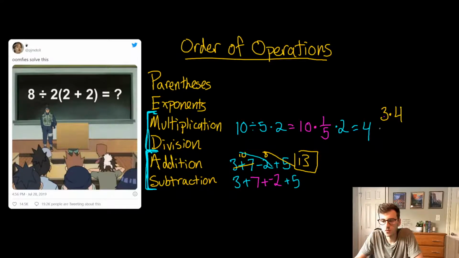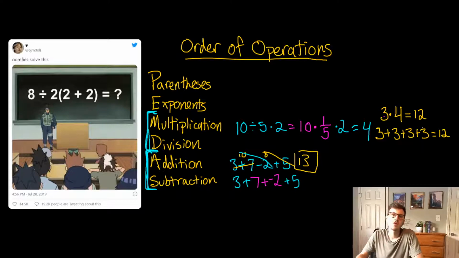So 3 times 4 would be 3 plus 3 plus 3 plus 3. 3 4 times is 12. 3 plus 3 is 6, plus 3 is 9, plus 3 is 12. So multiplication is just condensed addition, which is why we prioritize it. Because if I say 3 times 4, what I mean is 3 plus 3 plus 3 plus 3.